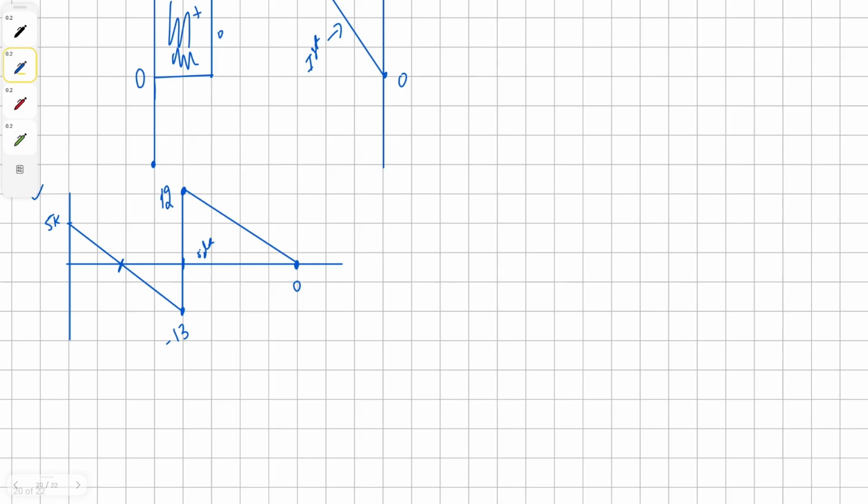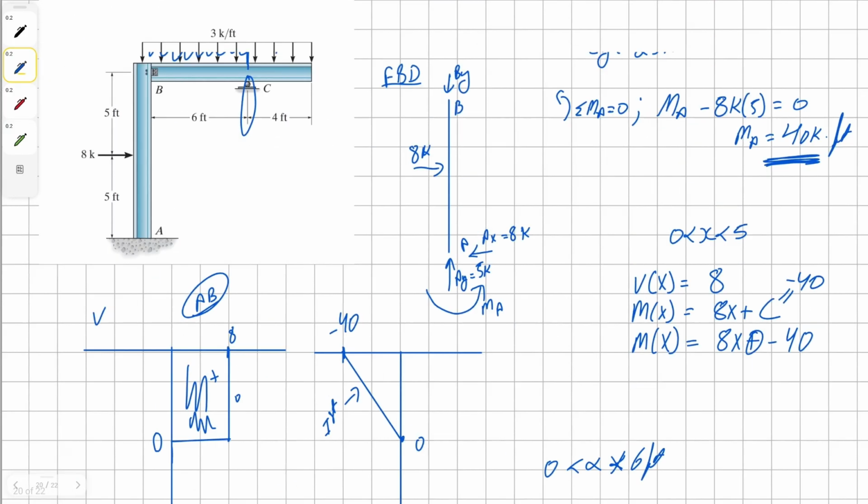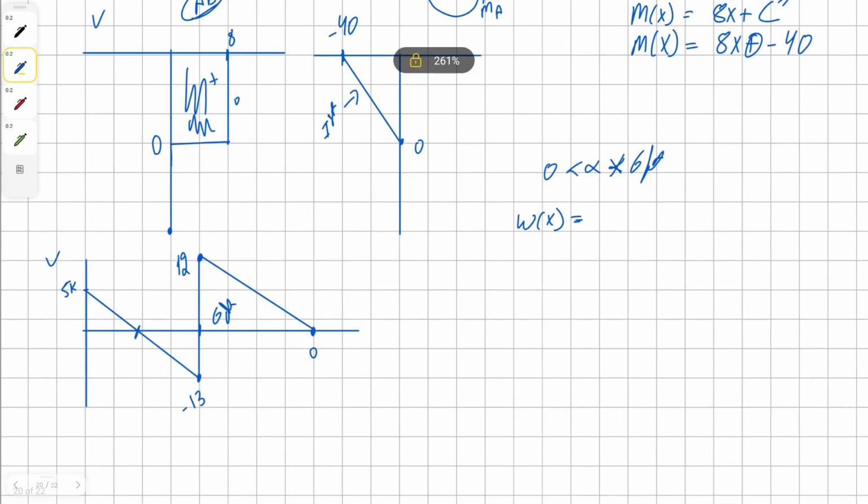Okay, so our load equation for the cross section 0 to 6 feet is going to be -3, and then our shear is going to be the integral of the load equation, which is -3x plus c.